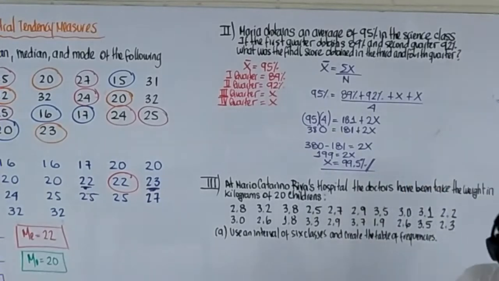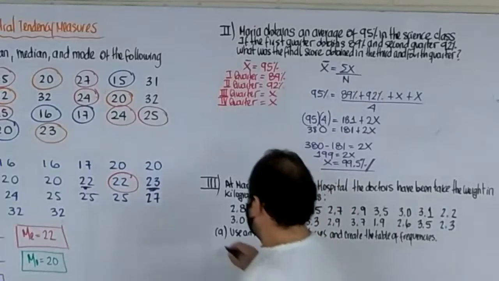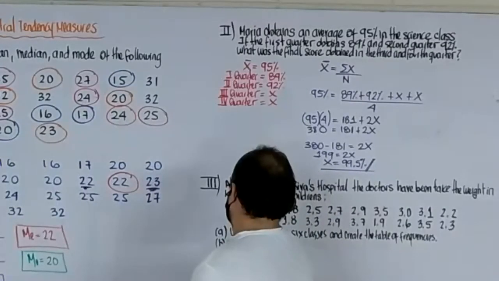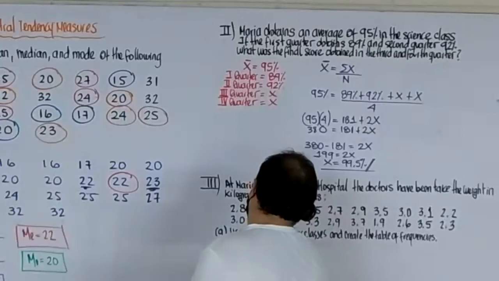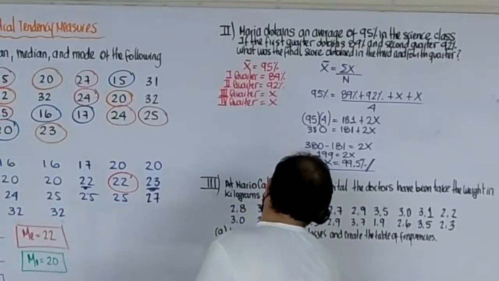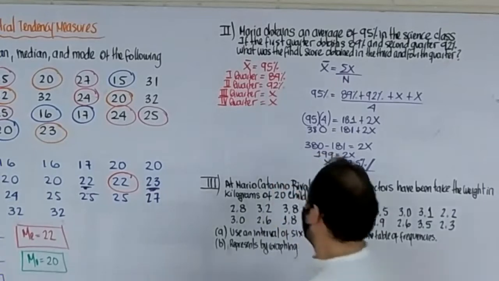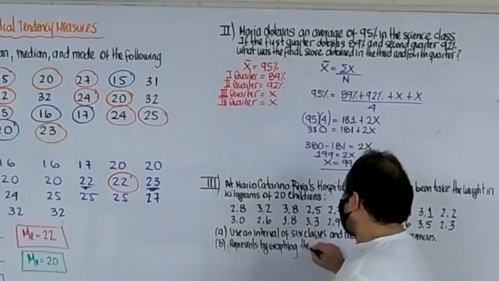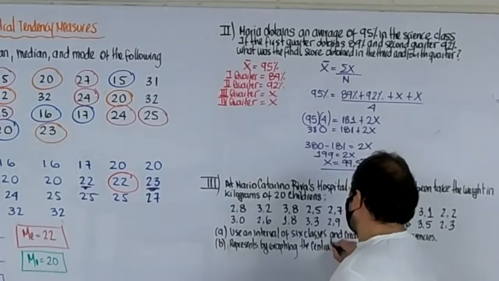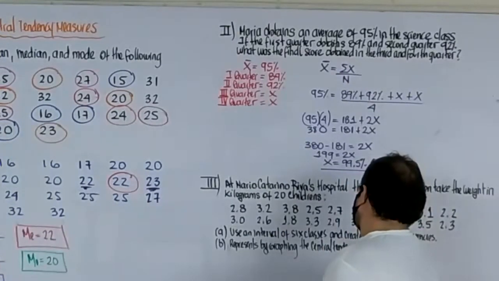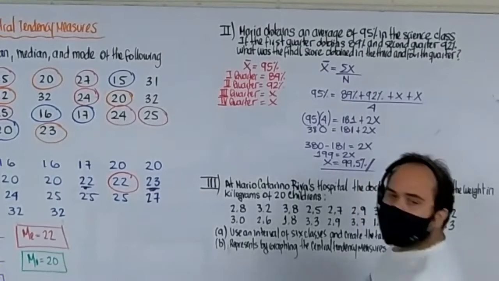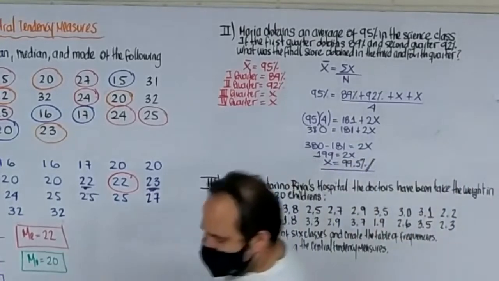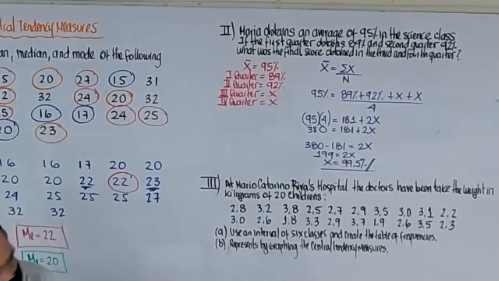Then represent by graphing the central tendency measures. All right. And that's it. That's all that we have to do.